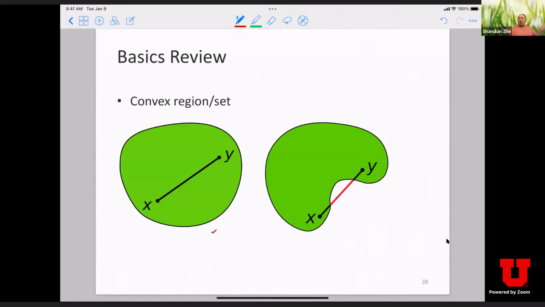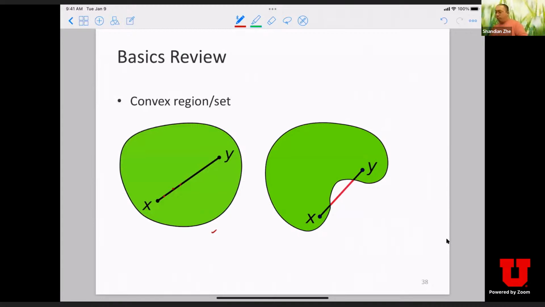It means that if 2 points are both inside this domain, and you draw a segment or a line to connect x and y, you need to be sure that every point on this line connecting x and y, and in between, must be inside this region as well. This is called convex. So basically, you can imagine this region must be kind of outward. It doesn't have any inward part.